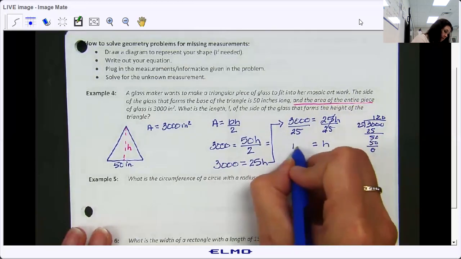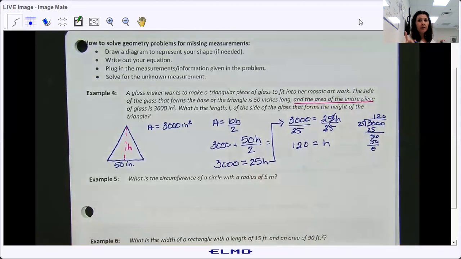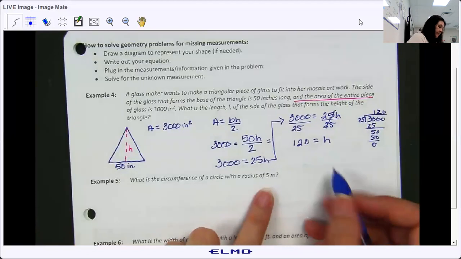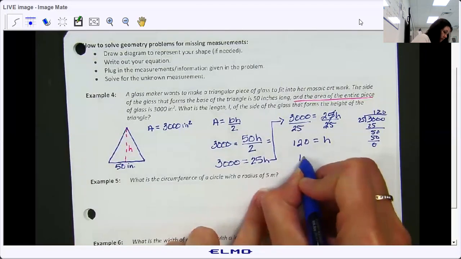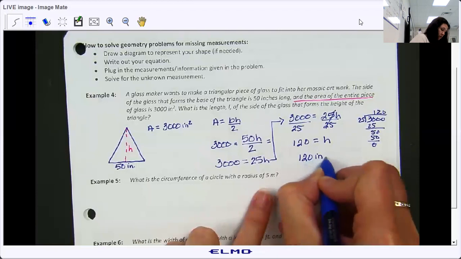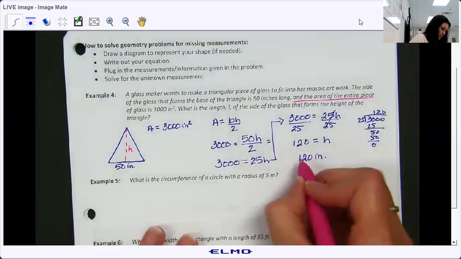So it's 120 is the height. Now that's not your final answer. That's what a lot of students put, and then I'll mark it off because they don't put the units with it. The height is actually 120 inches. That would be your final answer for this one.